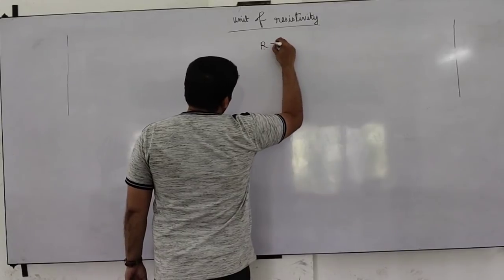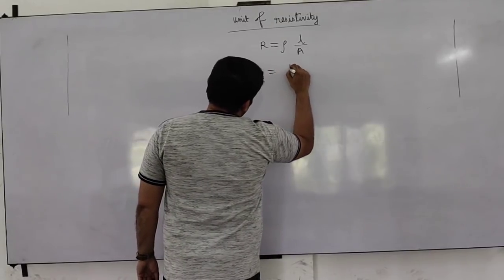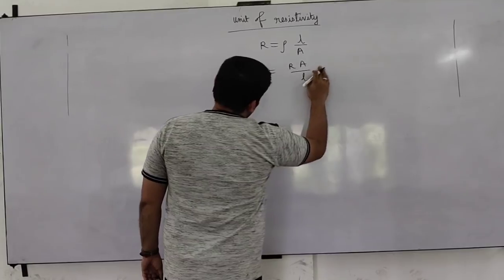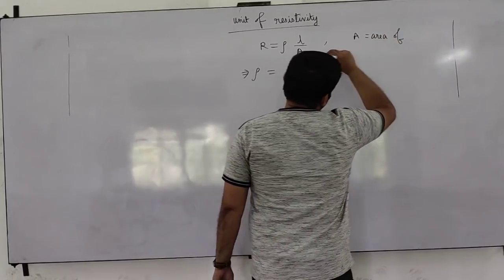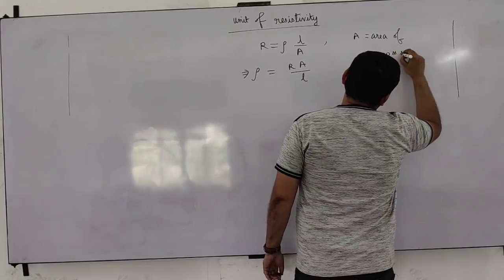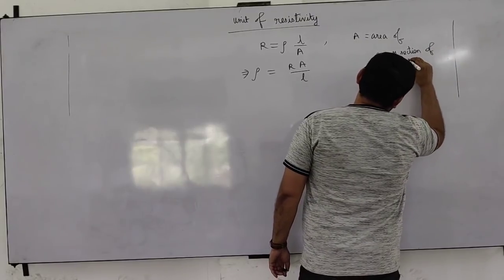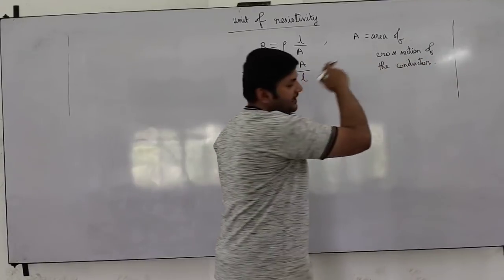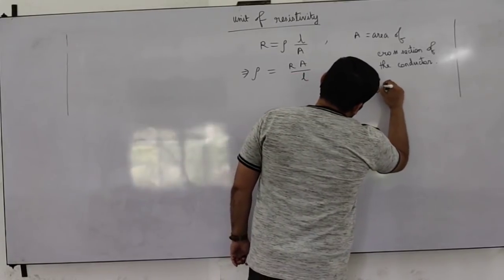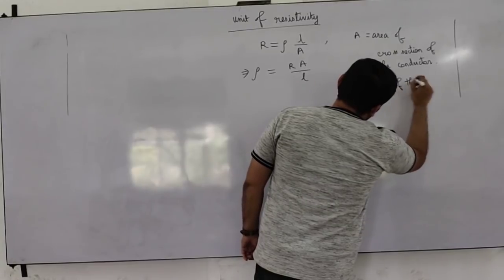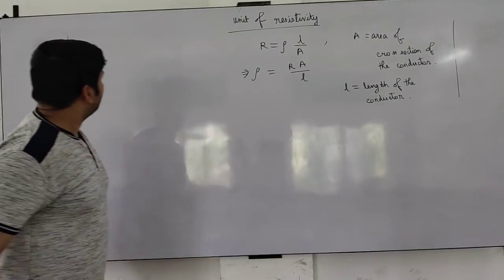We know that R is equal to rho L by A, which implies rho is equal to RA by L, where A is the area of cross section of the conductor, and L is the length of the conductor.